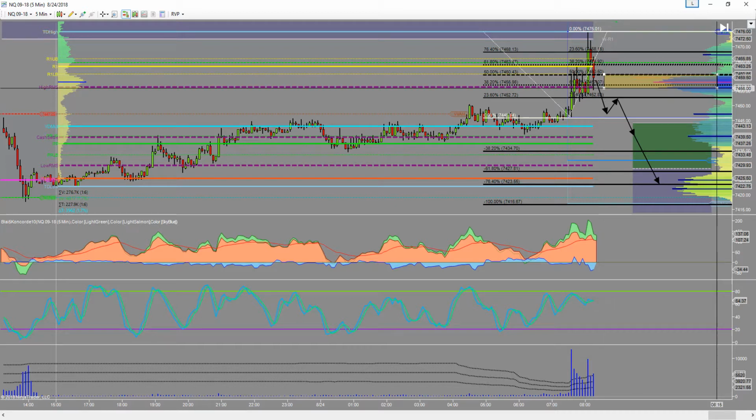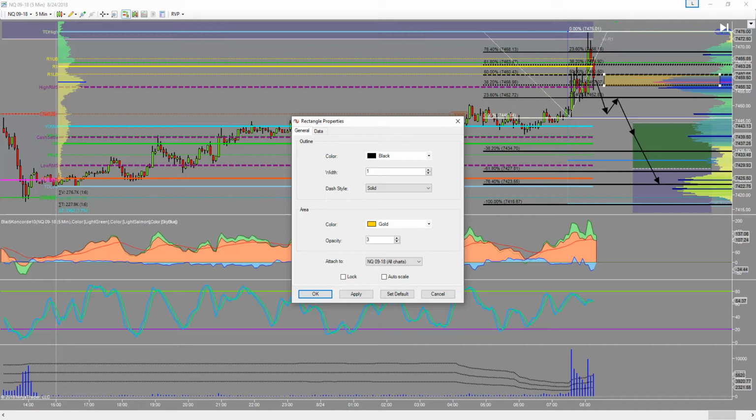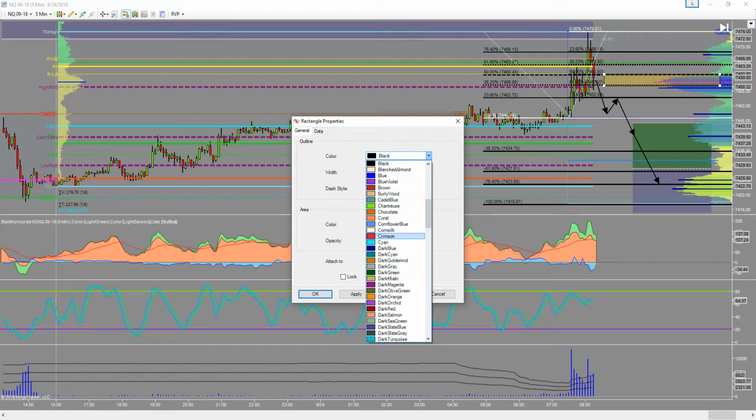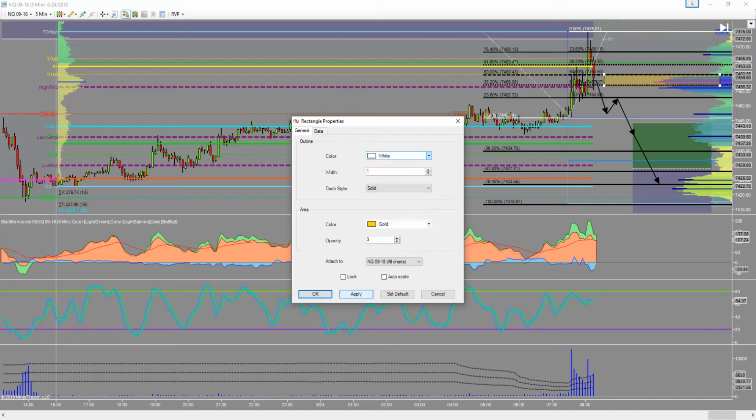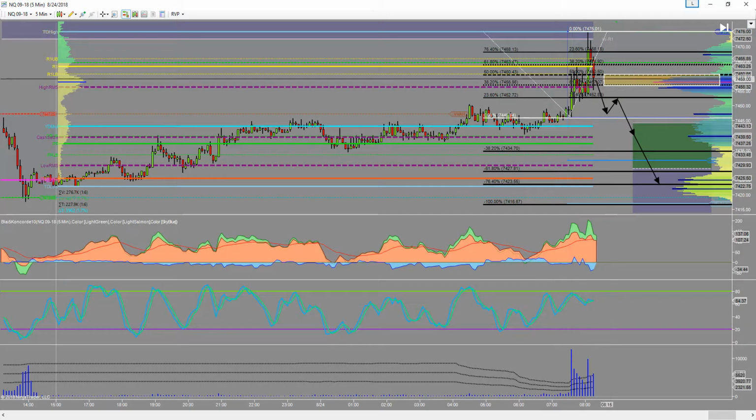Because that's a pretty important level, or zone, where there has been a lot of trade, so volume has built up right there, and we want to be careful at that zone right there.